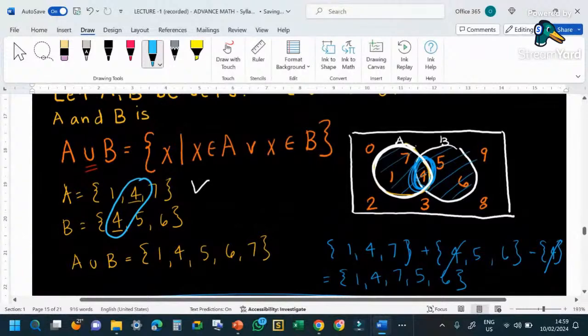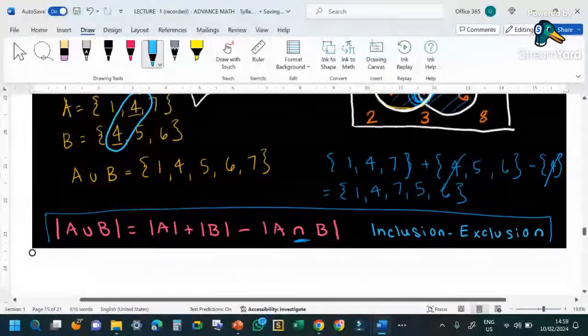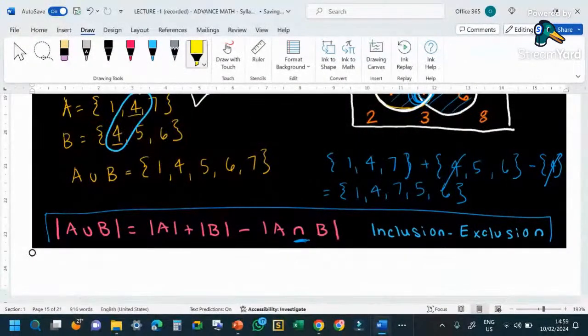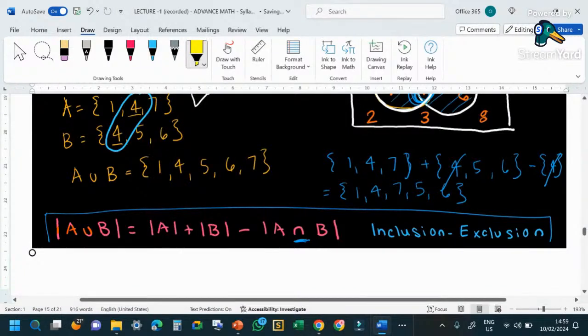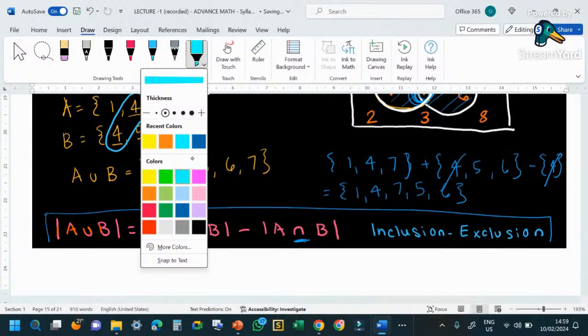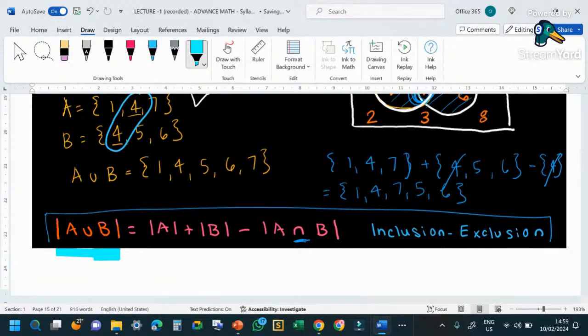So what is A union B? It can be written as A union B. Oh, hang on, it's not shading. A union B is not shading really. A union B absolute is equal to set A plus set B minus the intersection.